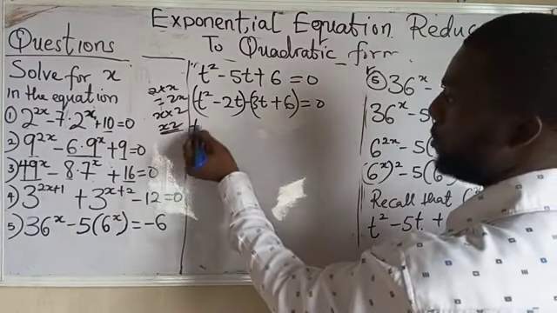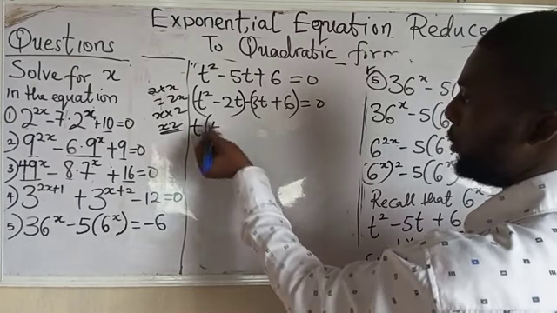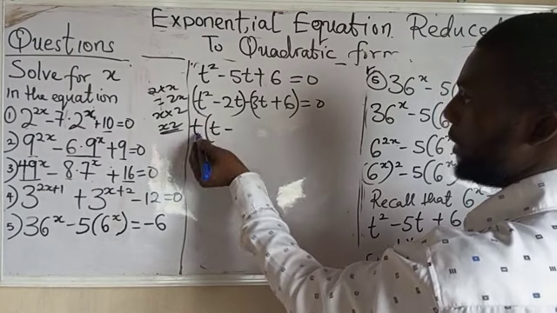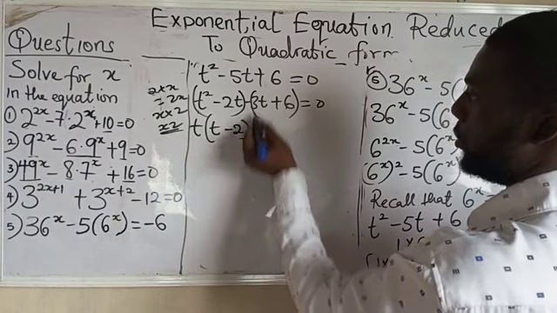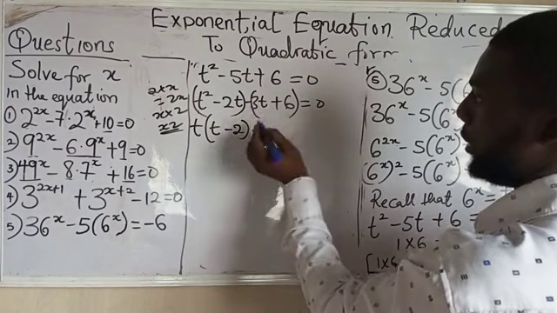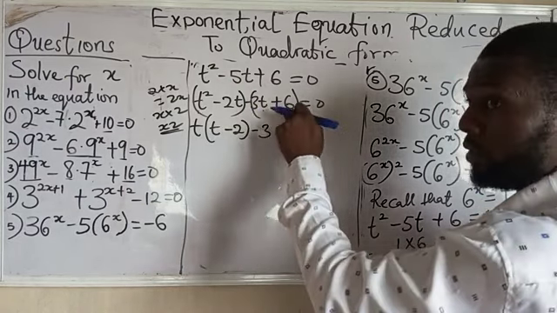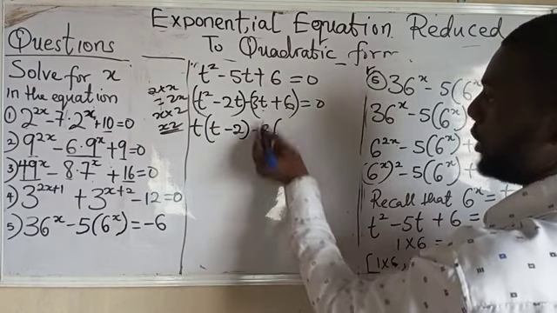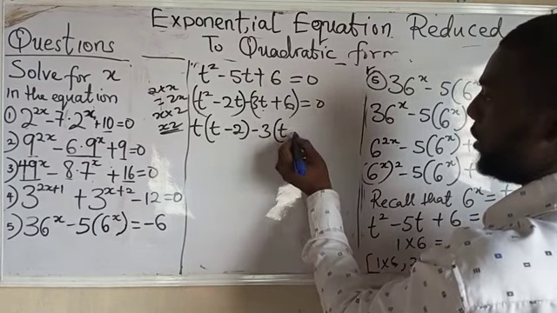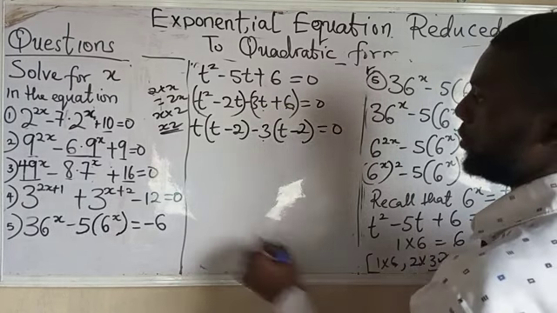Then t is common here, and if I divide, I have t, which is the remaining, minus 2. Then what is common in minus 3t and 6? 3, because 3 is a factor here, and 3 is also a factor of 6. So into bracket t, minus divided by plus is minus, 3 and 6 is 2, equals 0.